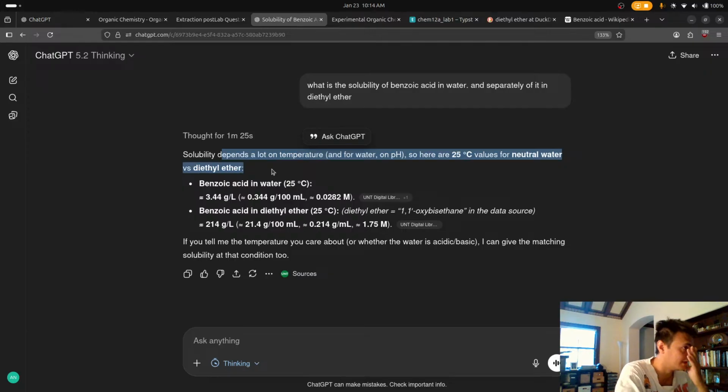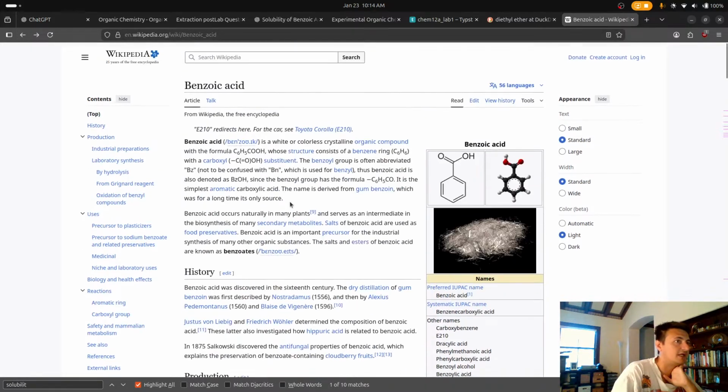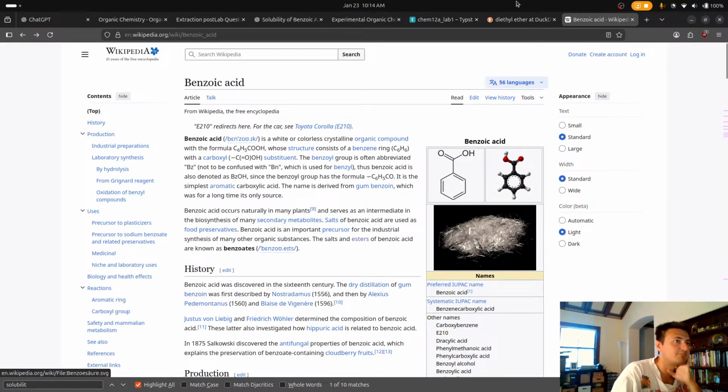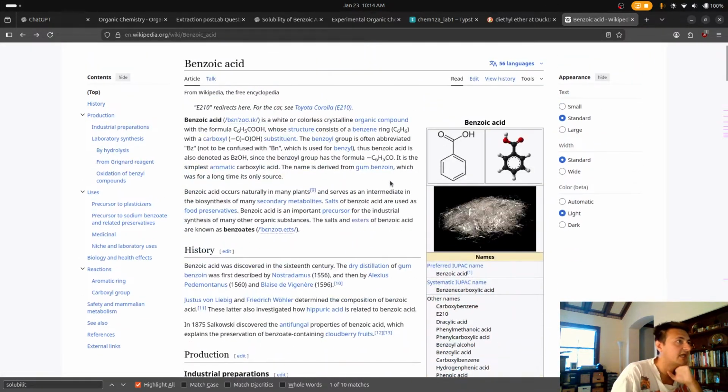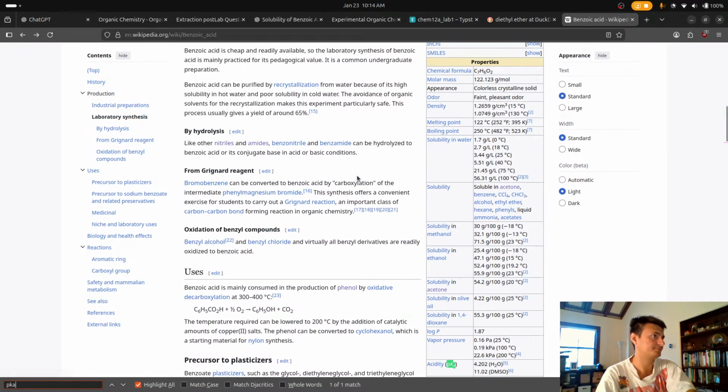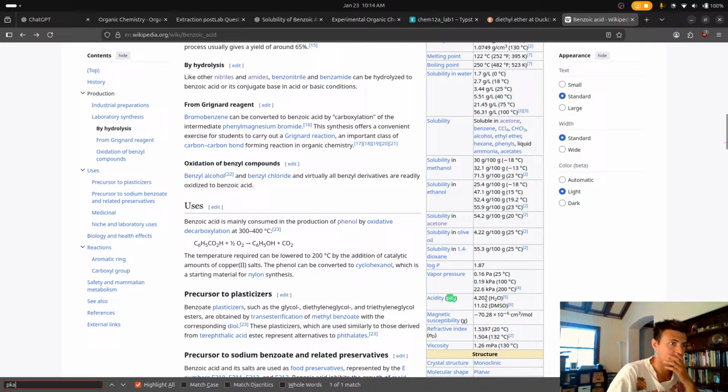It really does not dissolve in water. And why is that? You would think it would, right? I mean, it's pretty polar. What's its pKa? Where's the pKa? 4.